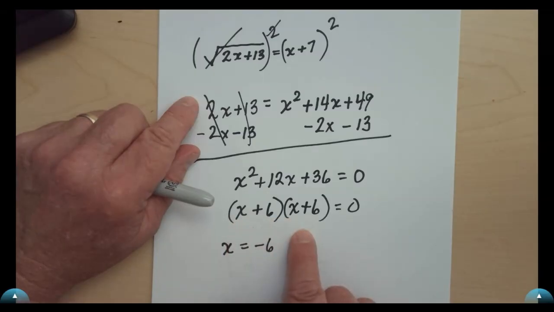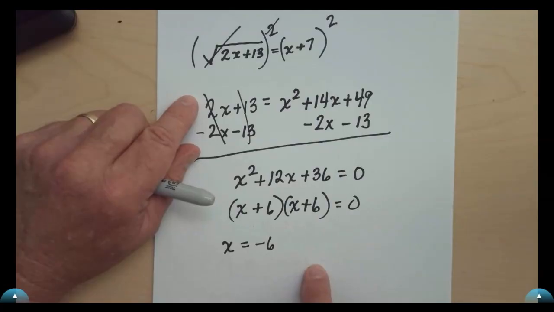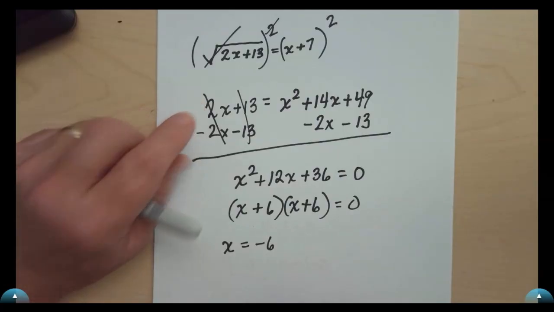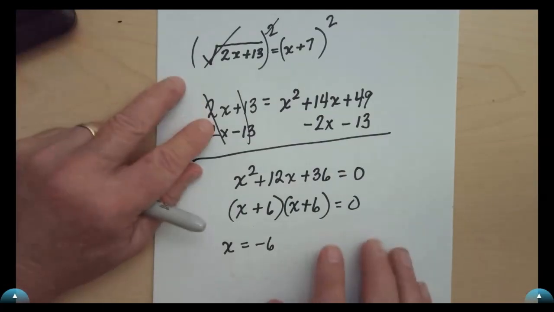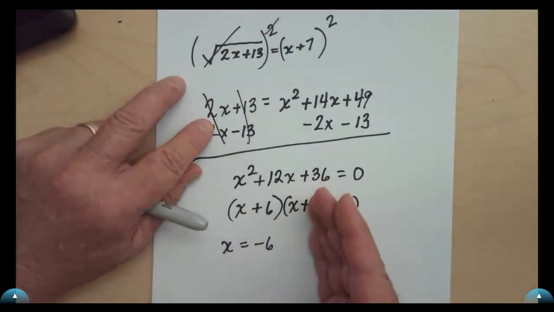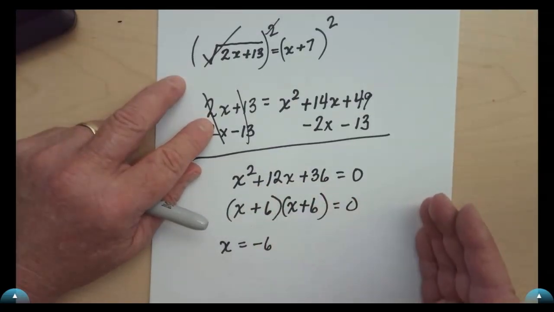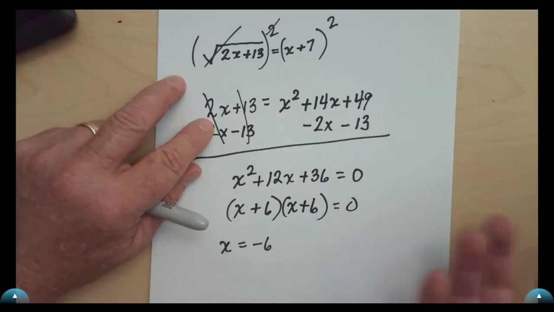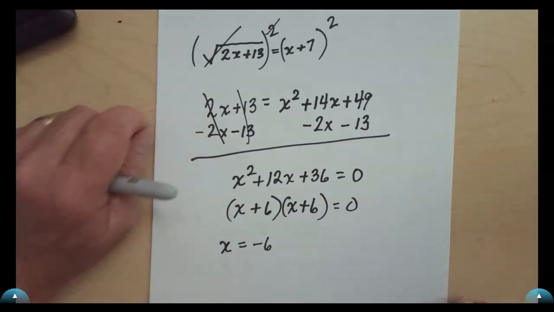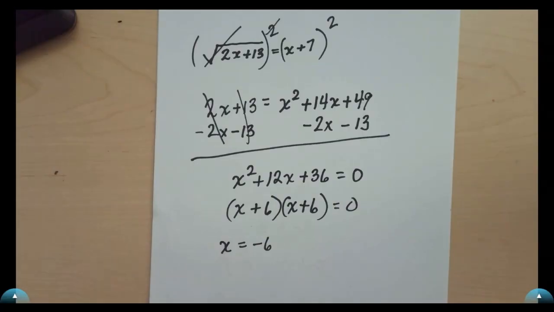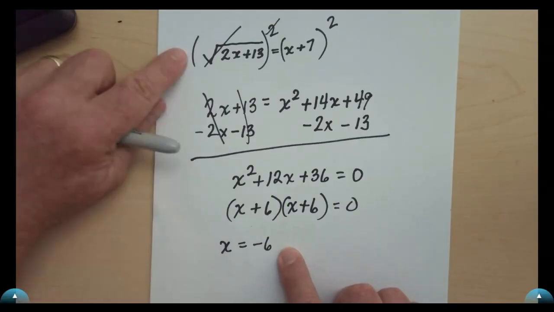Y'all see that? So it's sort of like we have 2 solutions. They happen to be -6 and -6, right? So as long as we're willing to count solutions each time they get repeated, then we always say that a 7th degree equation will have exactly 7 solutions. At any rate, what this tells us is there's only one possible solution to this equation.